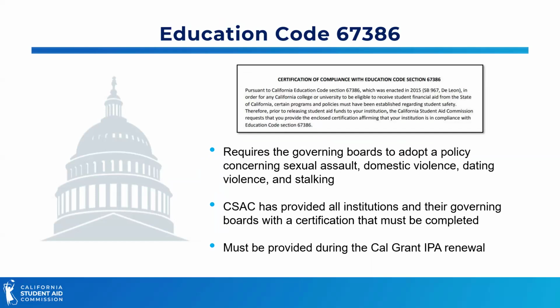CSAC has provided all institutions and their governing boards with a certification that must be completed specifically for this education code requirement. And this also must be provided during the Cal Grant IPA renewal. So again, this is all outlined in your IPA. There's more information there. And then, of course, you can also refer to Education Code 67386 for more information.